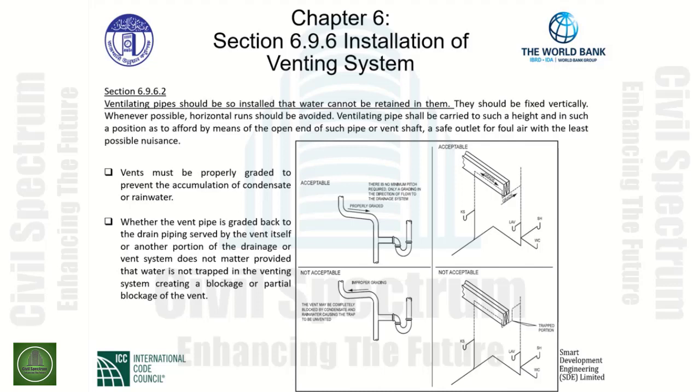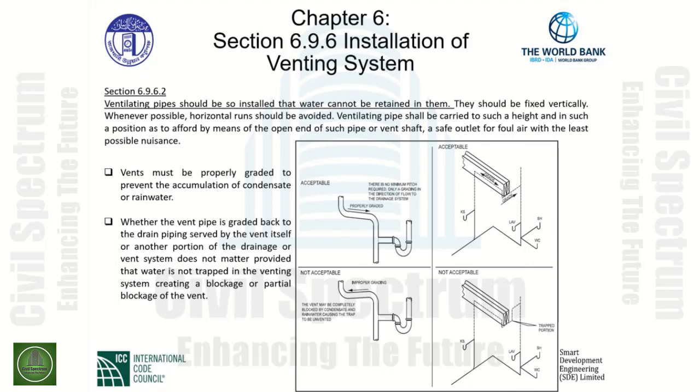Whether the vent pipe is graded back to the drain pipe served by the vent itself or another portion of the drainage or vent system does not matter, provided that the water is not trapped in the venting system, creating a blockage or partial blockage of the vent. This is the function of channeling either condensate or rainwater down to a location that it will be drained off accordingly and not prevent blockage.